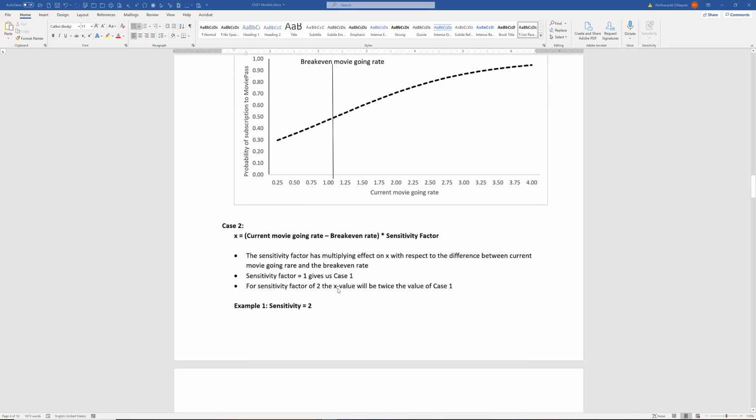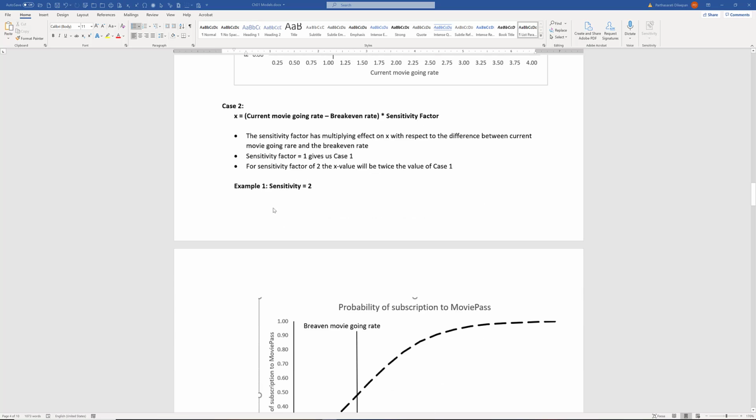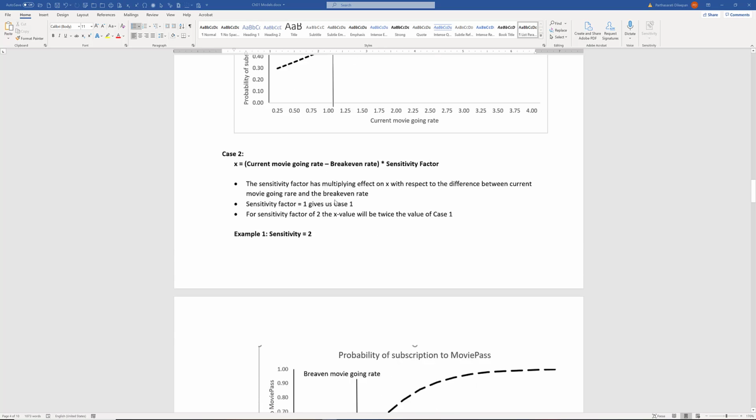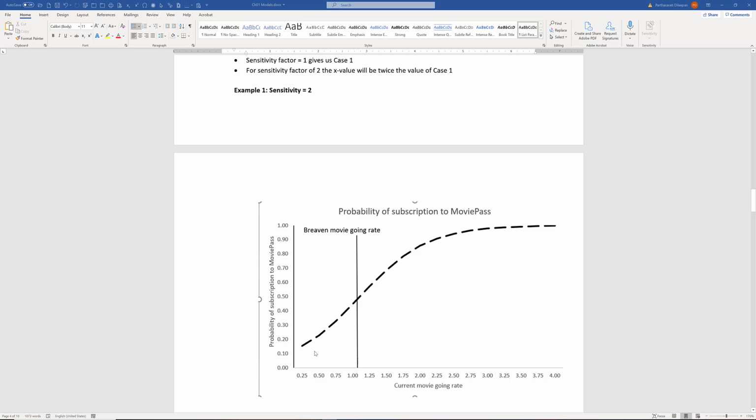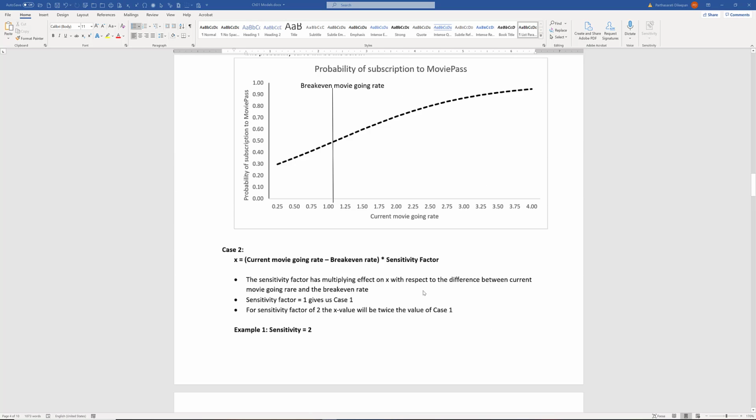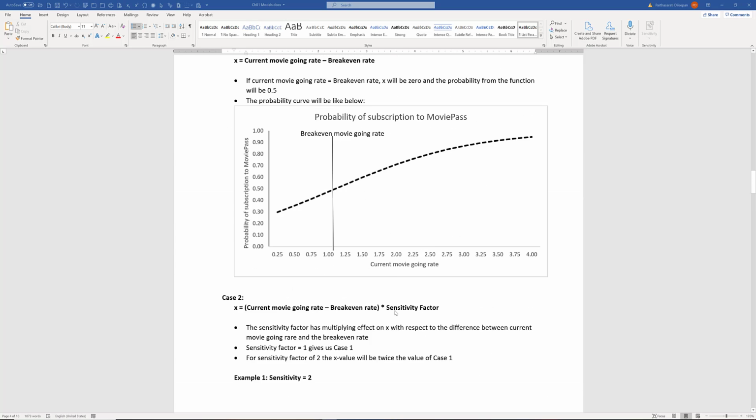Okay, so let's see how the sensitivity number affects the curve. Suppose we use a sensitivity of 2, then this is the shape that we get with respect to the current movie going rate. As you can see, a sensitivity factor less than 1 is not reasonable because it's actually making it worse.